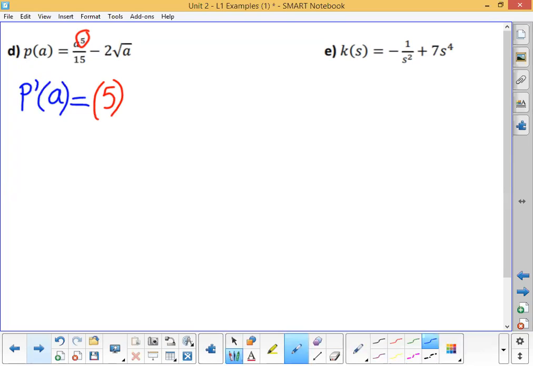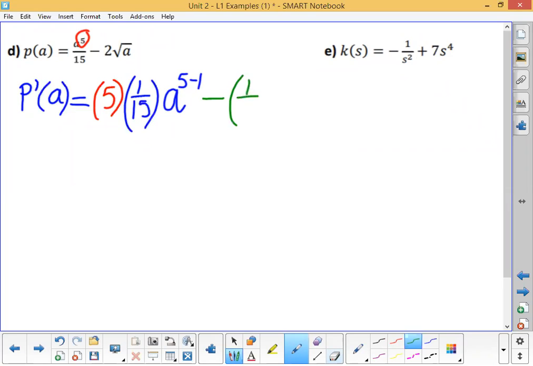I have a, or actually before I get to the a, I have to multiply it by 1 over 15. And a to the power of 5 minus 1. Then I have minus, remember this is a to the power of 1/2.